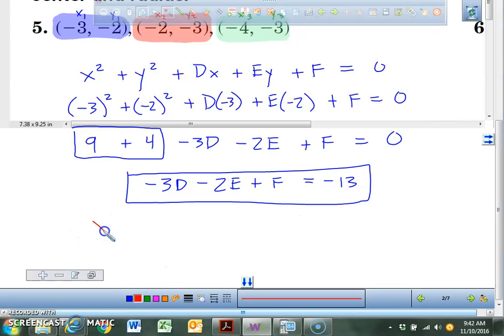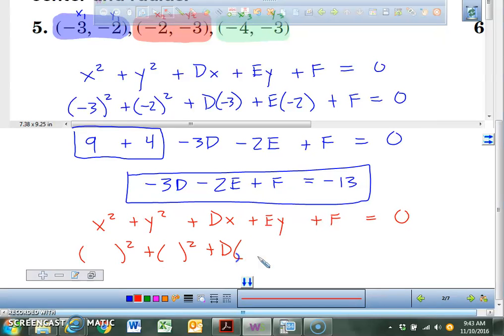Now I'm going to build the equation again, just using the x and y coordinates that are in red. All right, so now we're going to use these coordinates.